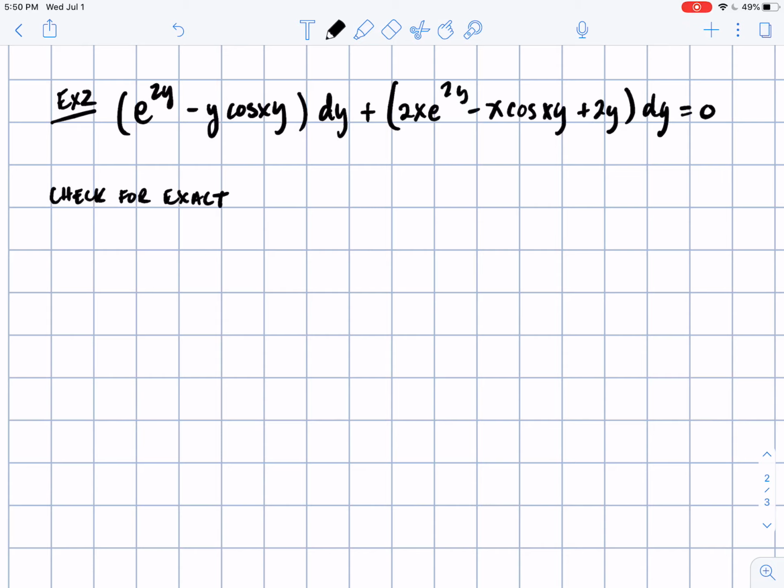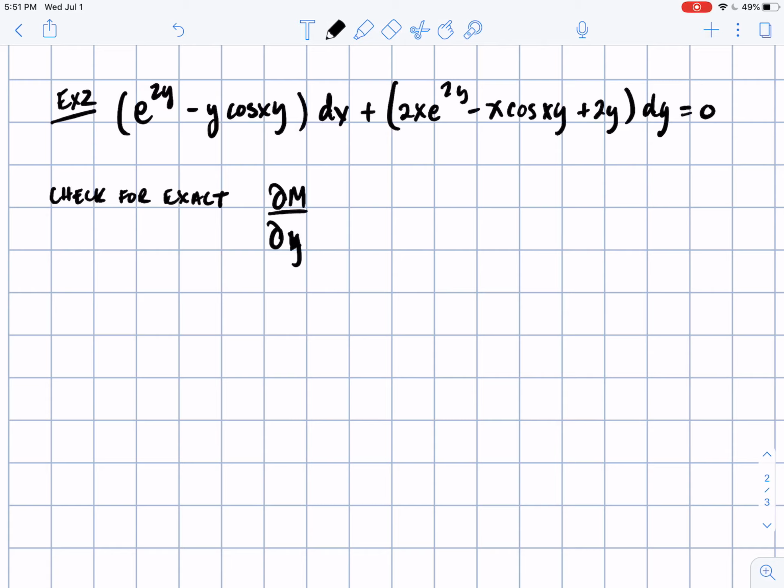All right, so your partial of m with respect to x. Sorry about that, this is dx, I messed that all up. And your partial of m with respect to y.